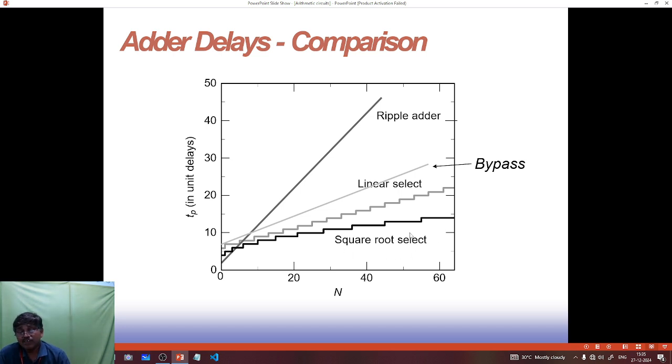That is why when analyzing adder circuits, we have to use the square root select adder. That minimizes delay, power dissipation will be less, and speed will proportionately increase. Based on this adder delay comparison graph, we have to optimize, and we get the final idea that the square root select adder is the best one for adder circuits.